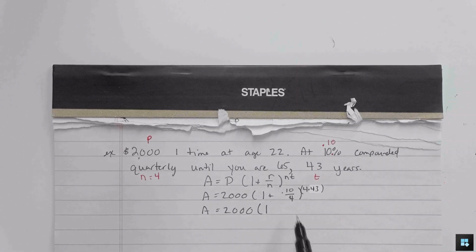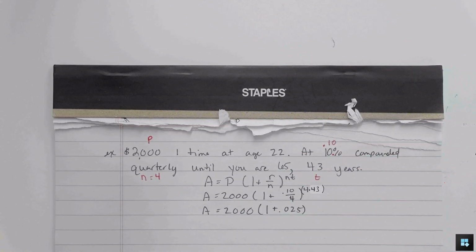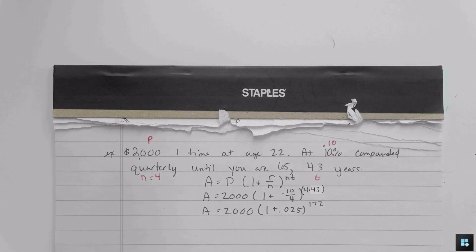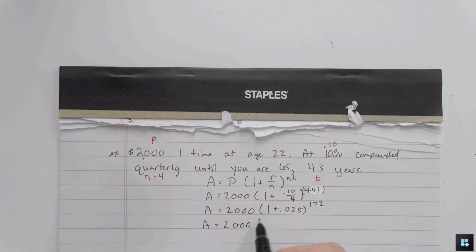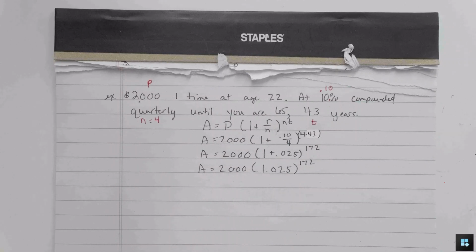And you can also do the 0.1 divided by 4 at the same time because it's in the parentheses. Then remember to add the 1 and the 0.025 together. And now you apply the exponent.